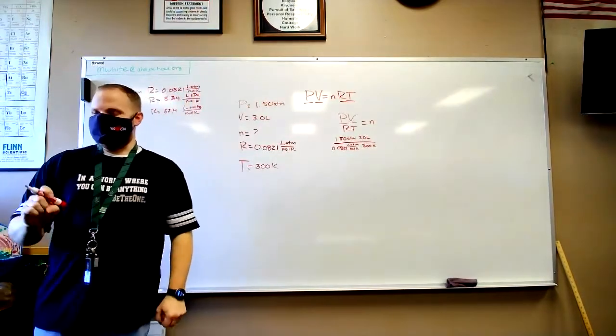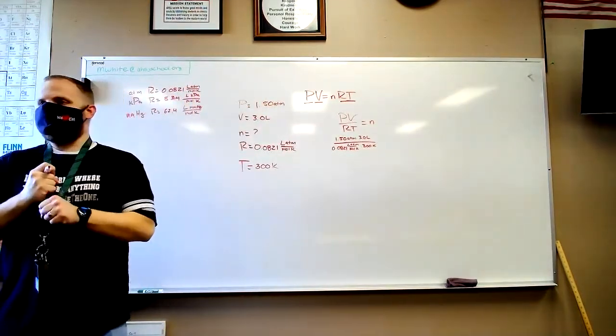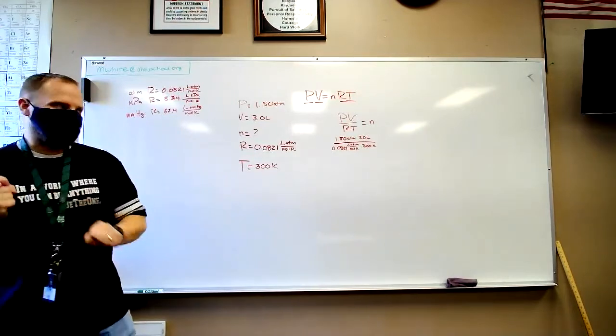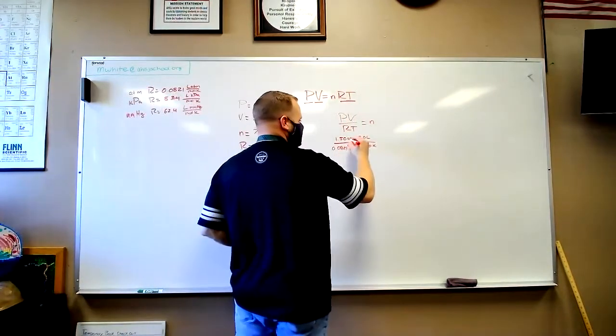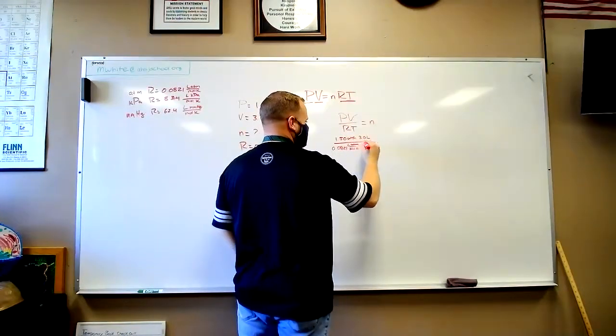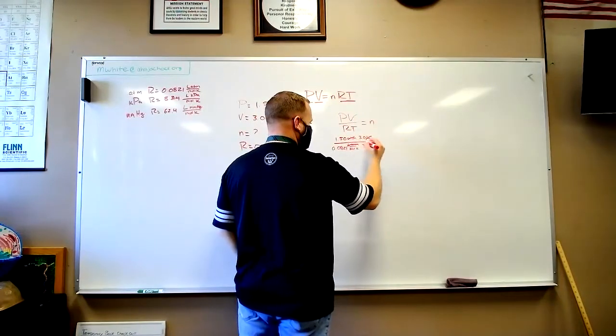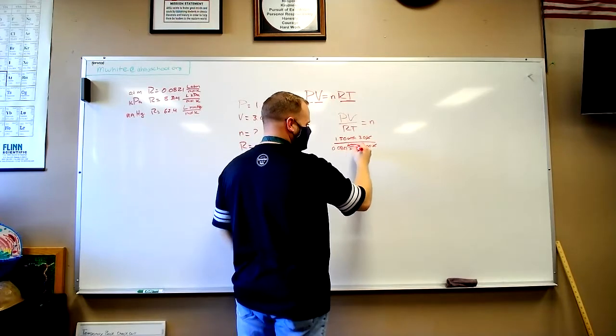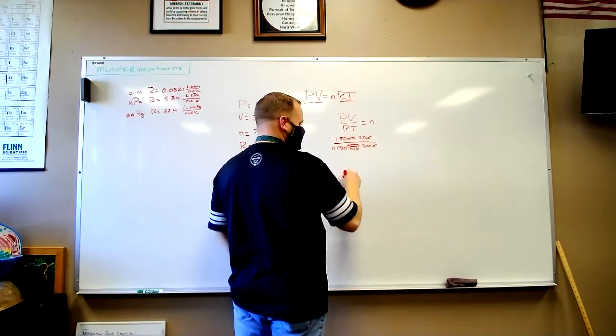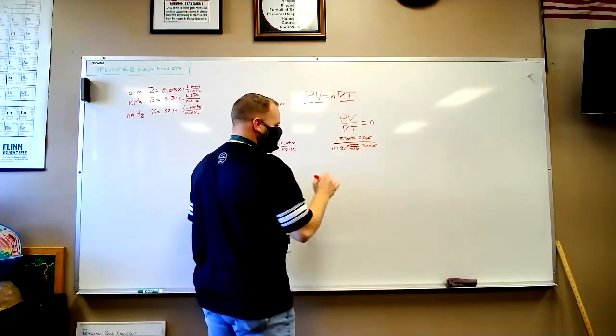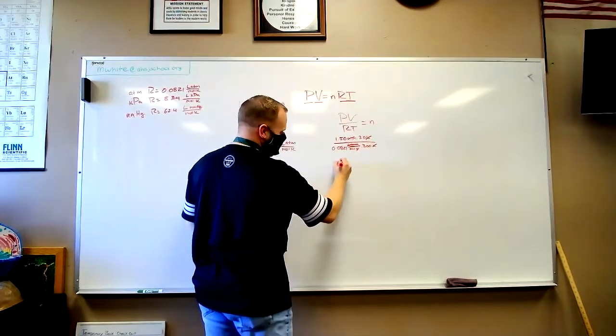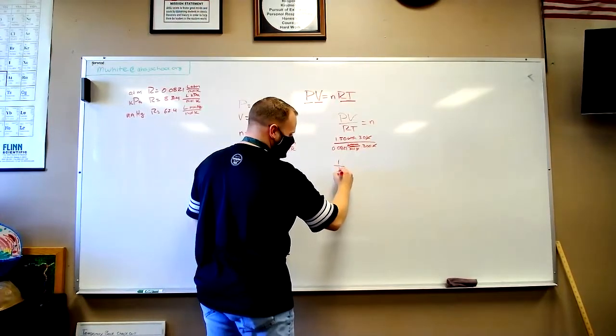Canceling out units is always a great thing to do to make sure you've done your algebra correctly. We have atmosphere, atmosphere, liter, liter, Kelvin, Kelvin, because this is divided by. So the units we're left with are 1 over moles.